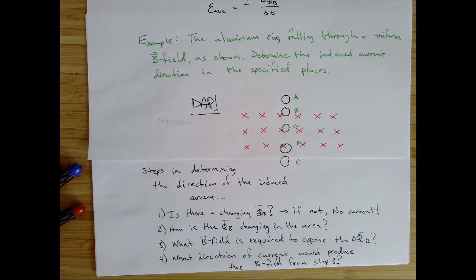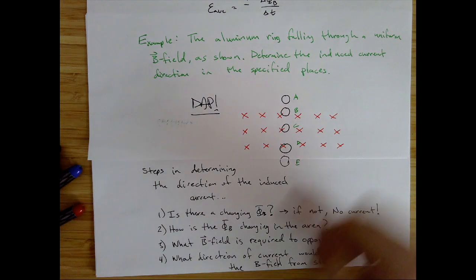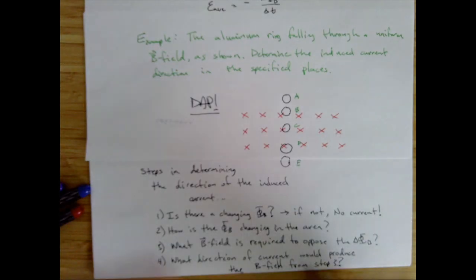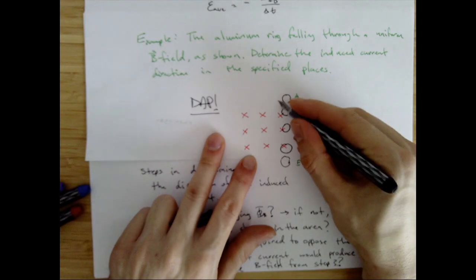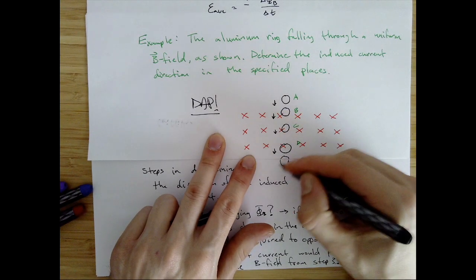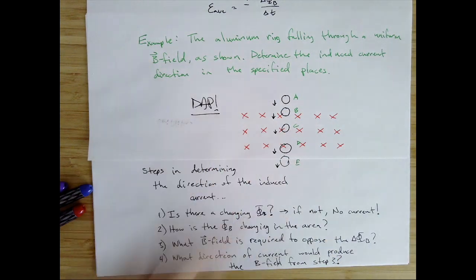And so we can work through these steps together now. So we have our coil up here at A, and all of these, you might note to yourself, are going downward. So each coil is falling down with some perhaps accelerating velocity, but we don't really care. We just know that it's moving through this B field like shown.